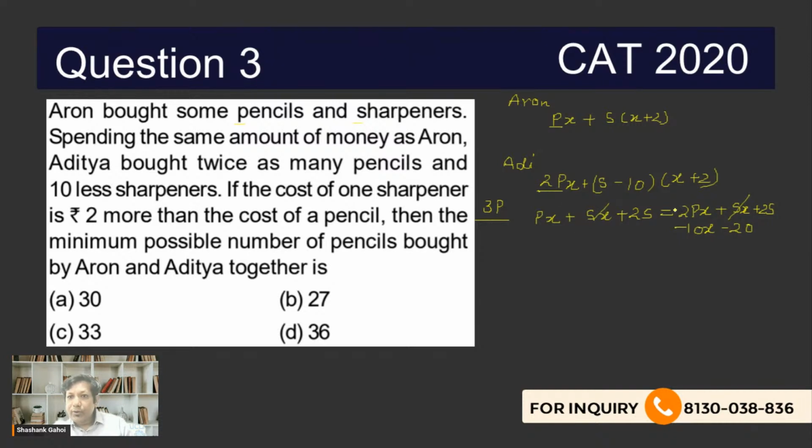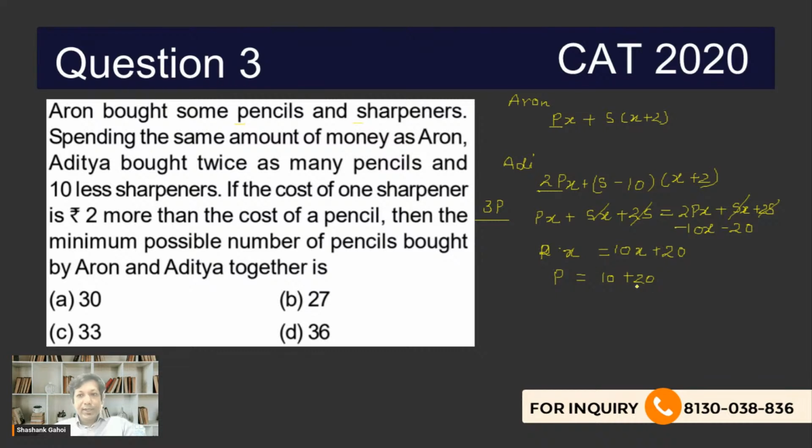I'm going to take everything to that side. 2S cancels out. So I am going to get 2Px minus Px equal to 10x plus 20. So that's what we got. So P comes out to be 10 plus 20 upon x.